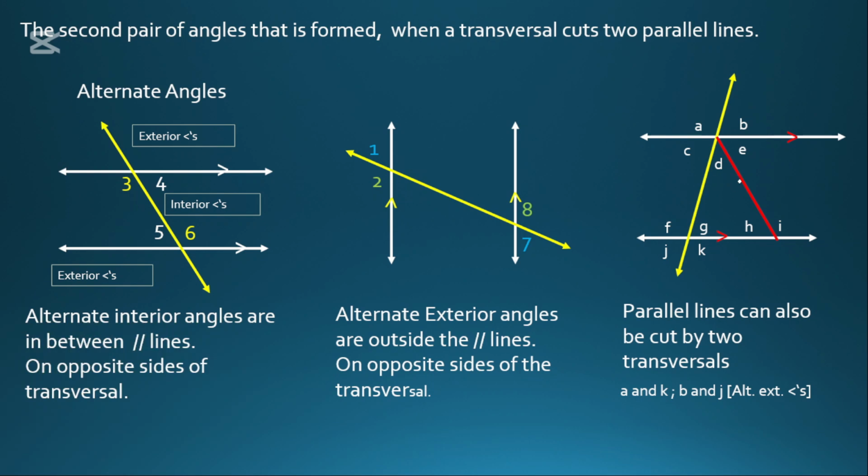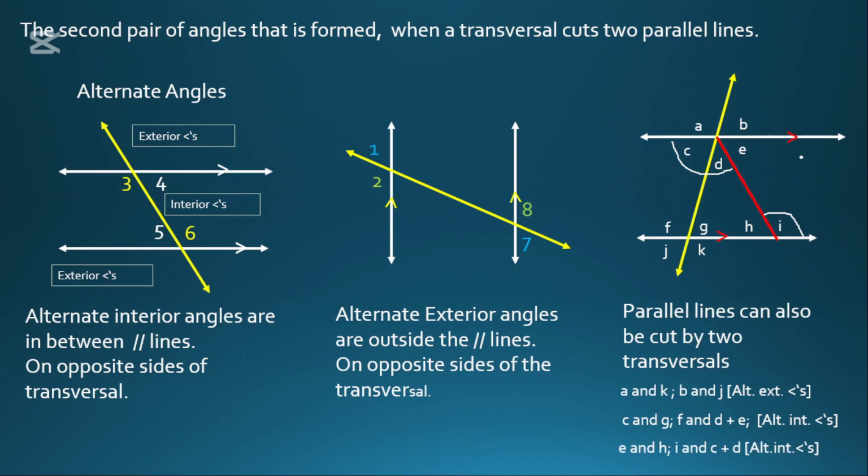We have another pair, E and H, and I, from the parallel line to the transversal, and I is alternate to C plus D. Alright, so it's C and G, F and D plus E.